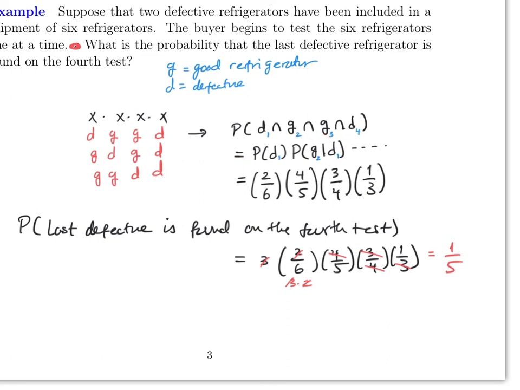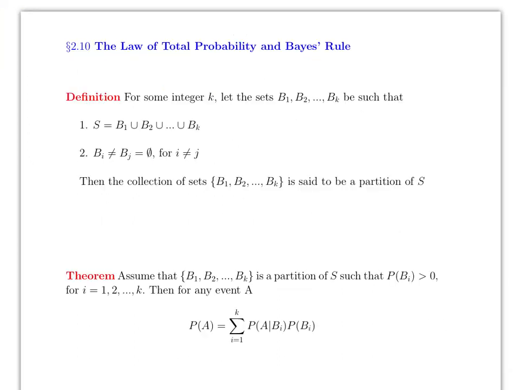Is the same thing as the probability that the first one was defective times the probability the second one is good, given that the first one was defective, and so forth. And the probability that the first one is defective is 2 out of 6, because you had 2 defective ones to choose from. You have 6 total. Once you choose one from here, you only have 5 left. So the probability that the second one is good one, given that the first one was defective, it will be 4 over 5. Okay? But again, it's not necessary to label in this way, but it may be easier.